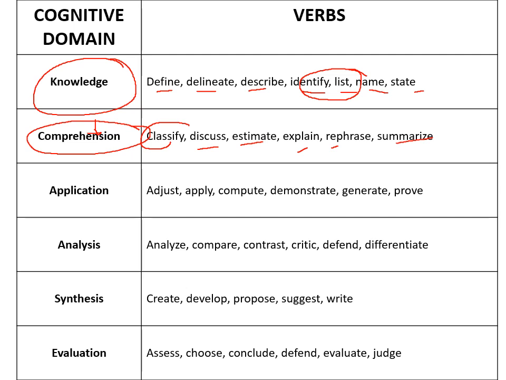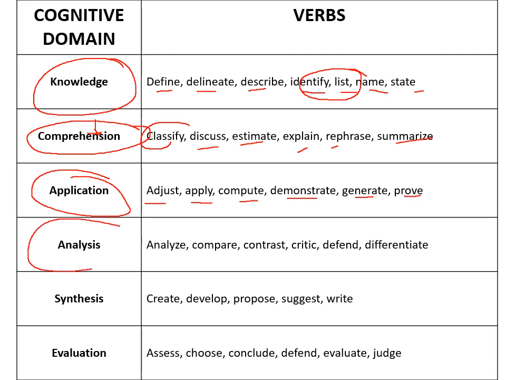Okay? For example, you know that the sun is a star. So comprehending is knowing why the sun is a star. Okay? Next is application. So application is applying the knowledge you know, applying the comprehension you know, and thus yung mga verbs na ginagamit natin is adjust, apply, compute, demonstrate, generate, and prove.